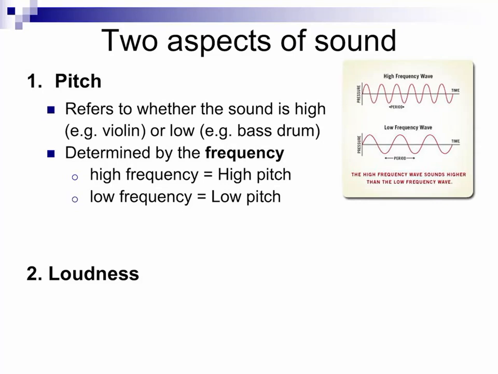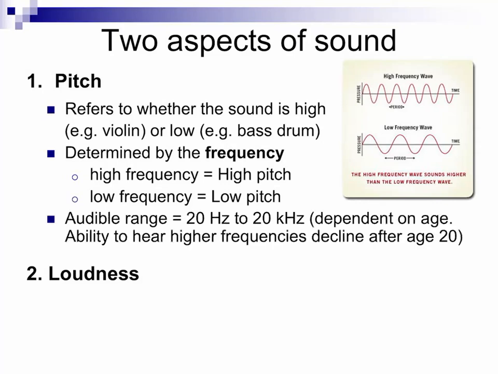Our ear is only sensitive to 20 hertz to 20 kilohertz frequency sound, and that ability usually degrades with age. The younger we are, less than 20, the research says you can hear up to 20 kilohertz, and then the older you get, this upper range decreases, and you get less annoyed with high frequency sound compared to when you were younger.